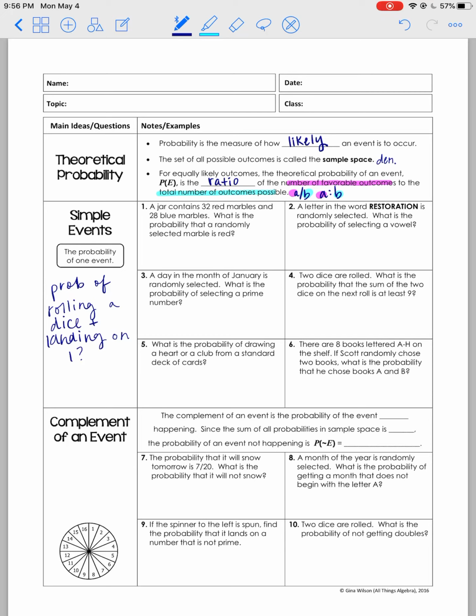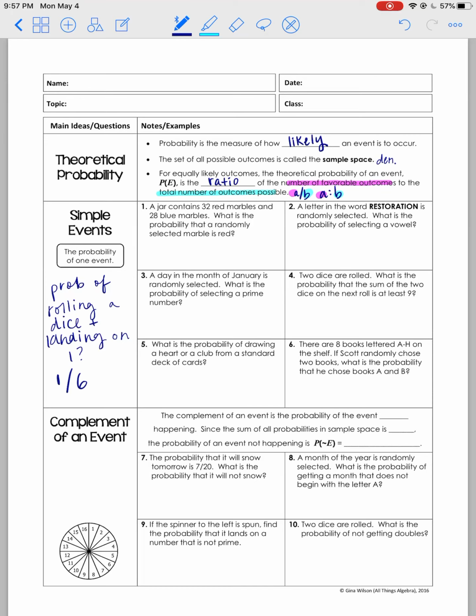Well, then the number of favorable outcomes is 1, right? Because we're talking about a standard dice and there are 6 sides, and only one of the sides is a 1. And the total number of outcomes is 6, because there are 6 possible things that could have happened, but 1 is only one of them.